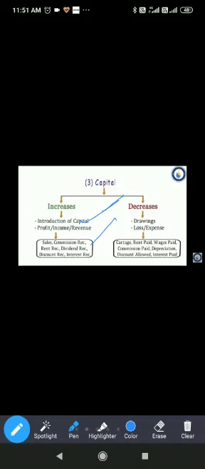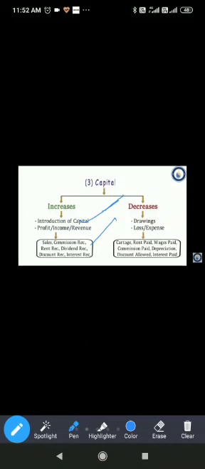Revenue means when you sell the goods and you get the cash for that, that comes under revenue. So whenever any profit, income or revenue comes into the business, it will be added to the capital. The examples are sales, commission received, rent received, dividend received, discount received, interest received. These all come under income.